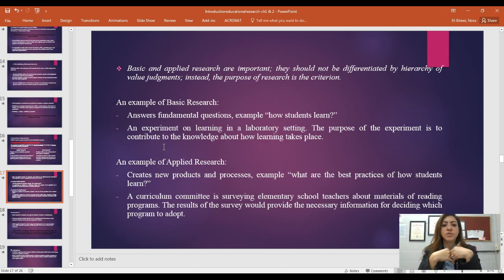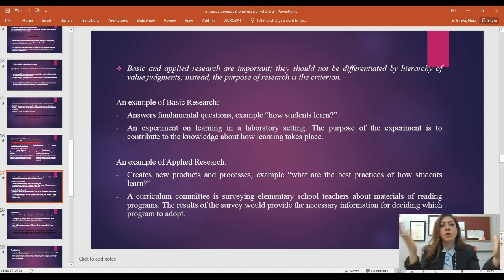If I ask the question, I want to study how students learn in Hispanic culture, or in African American background, or Middle Eastern background.